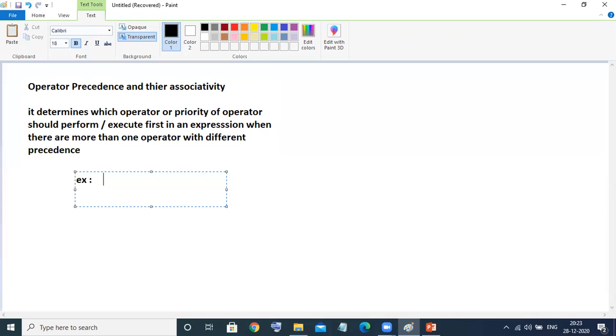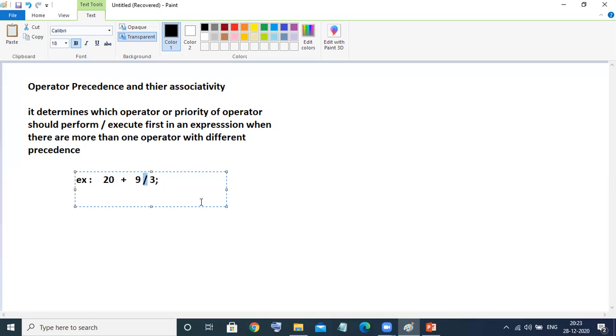If I want to do some calculation like 20 plus 9 divided by 3, this is one expression. I'll give some space to understand better: 20 plus 9 divided by 3. If I give this expression, there would be some precedence, that means some priority. How many operators are there in this expression? There are two operators, one is plus, another is division.